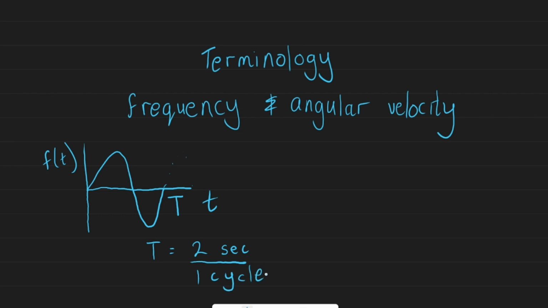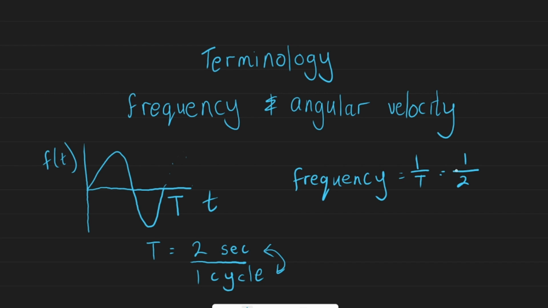Very related to period is frequency. So we speak about frequency as being the inverse of the period. When we say the inverse of the period, we're saying 1 over T. So if we were to invert what we have just written here in terms of the amount of time per cycle, what we're actually saying when we take the inverse of the period is the number of cycles that it completes in 1 second.